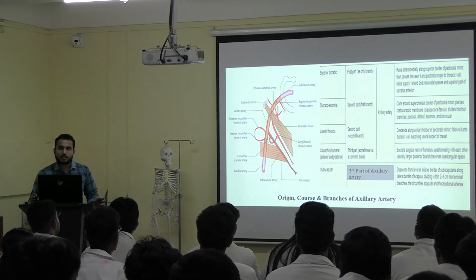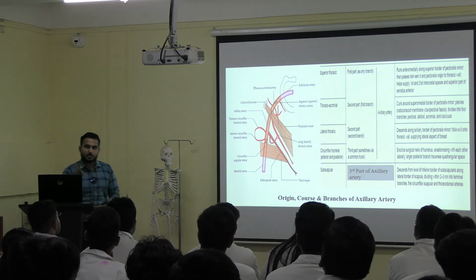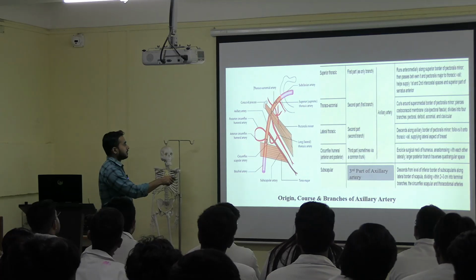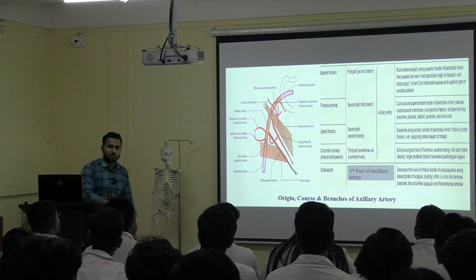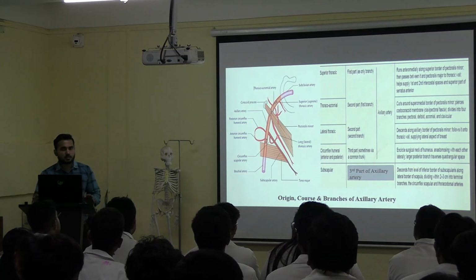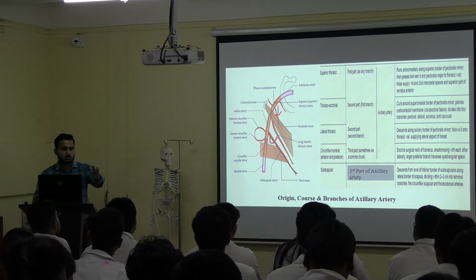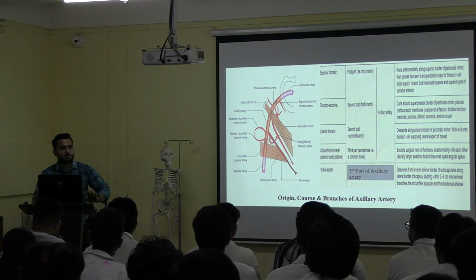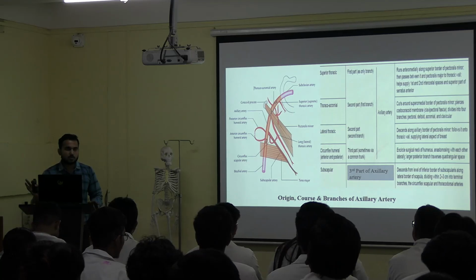But in this case, what you have to know is that this is the origin and this is the termination of the axillary artery. Actually the artery is not terminating, the artery is continuing, but the axillary artery ends over there. So that is the origin, course, termination.